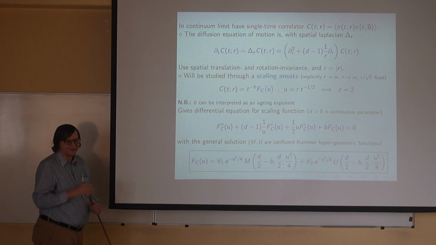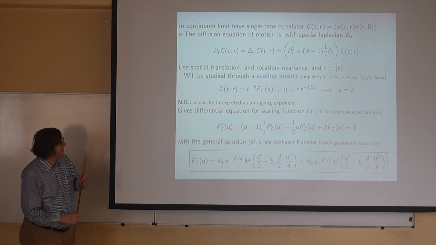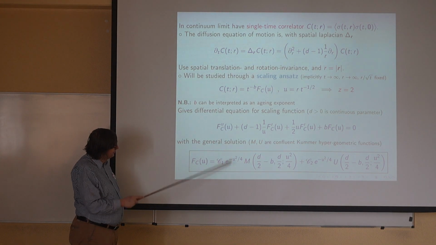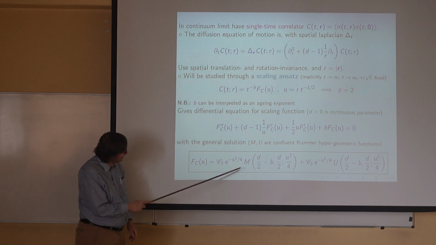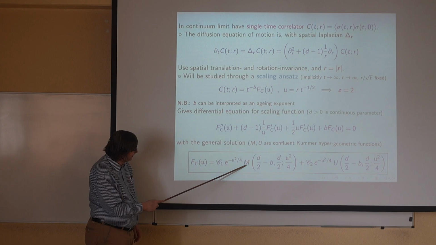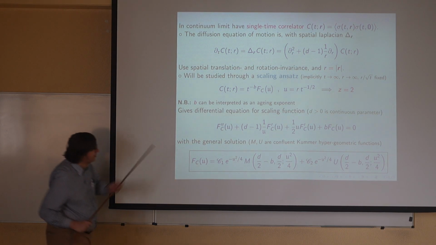And now we come to the one important mathematical observation of the whole talk. Everything else is really straightforward. The general solution of this equation can be written in this form. You have here two Kummer functions, or confluent hypergeometric functions. I write them here as M and U in the notation of Abramowitz.